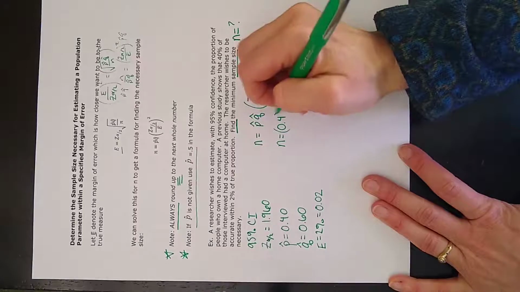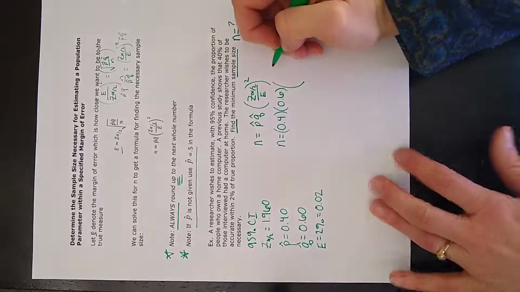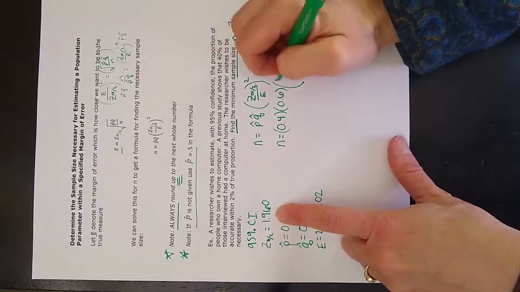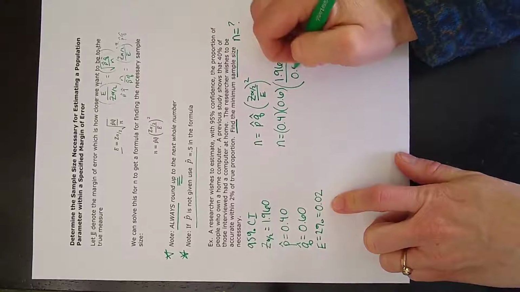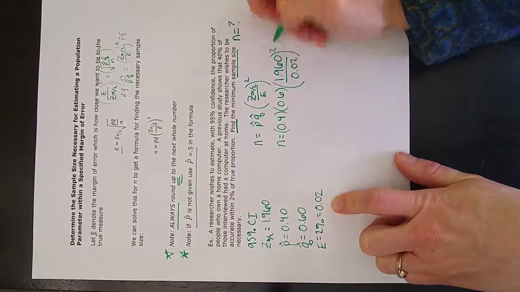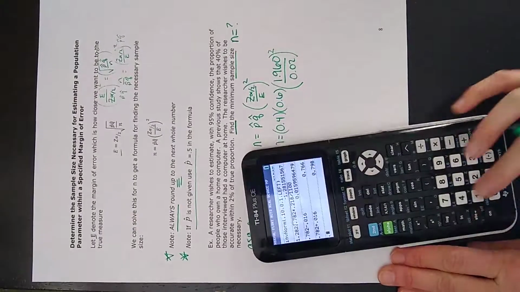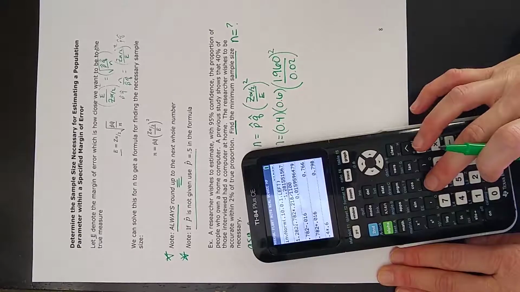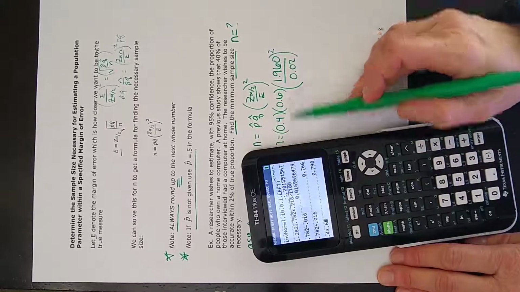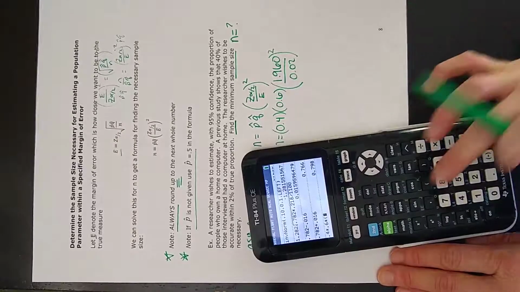So we got 0.4 times 0.6 times 1.960 divided by the error of 0.02 and the fraction squared. And again, I'm going to type this in all at once. I don't want to have to write down all these crazy numbers with decimals onto my paper. I just want to do the whole thing. You can do parentheses or times signs. I am going to do this part in parentheses because of the exponent there.